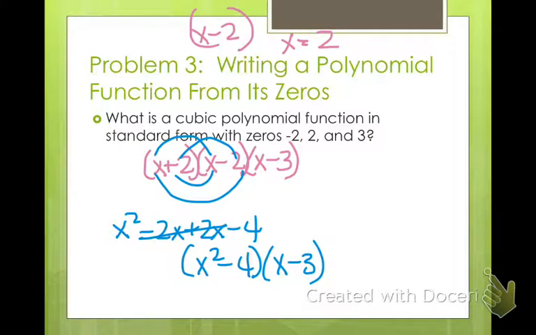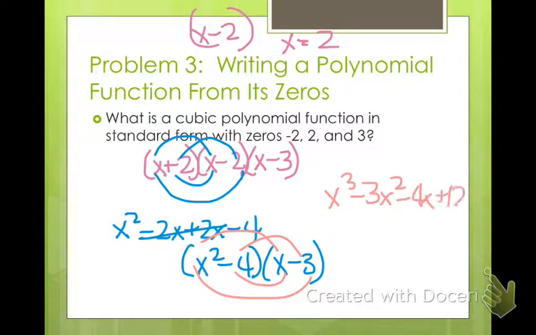So since I have two factors again, I can just use FOIL a second time and do first, outer, inner, last. And I get x cubed minus 3x squared minus 4x plus 12. And that is a polynomial with the zeros negative 2, 2, and 3.